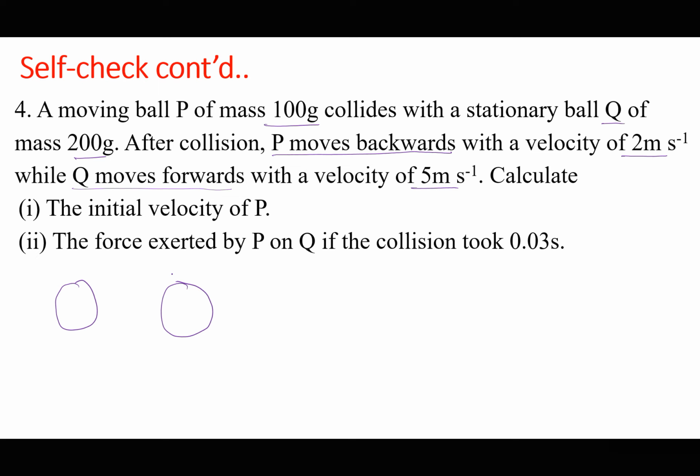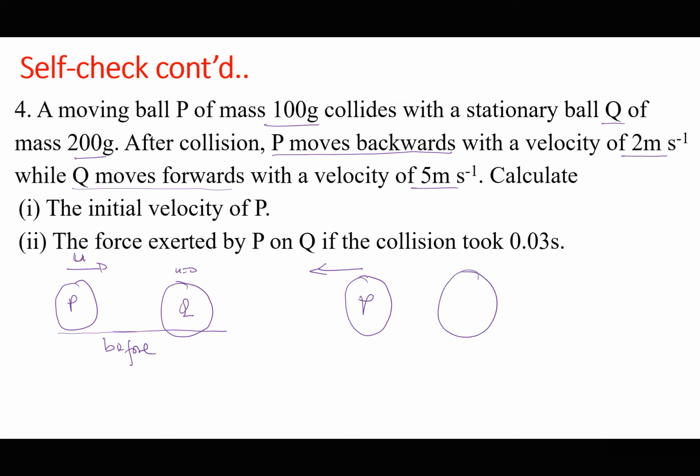So before collision, this is what we have. We have P and Q. So moving ball P collides with a stationary Q. So this one is stationary, so here velocity is 0. And this is moving. It must be moving towards Q. Its velocity is not known. Let me call it U. U is not known. This is before collision. Then after collision, P rebounds.